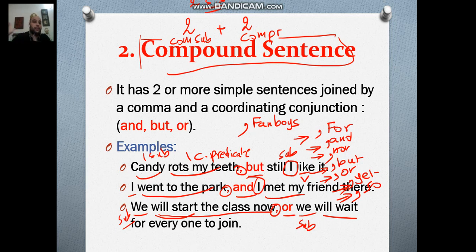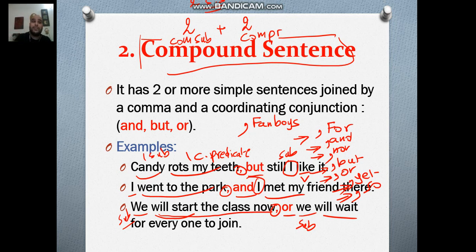So let's talk about the two. Here, the first one, the simple sentence, has one subject and one verb. The compound sentence has at least two subjects and two verbs, so it's made up of two simple sentences. We have explained that it has two or more simple sentences joined by a comma and a coordinating conjunction. Pay attention, it's not a subordinating conjunction.